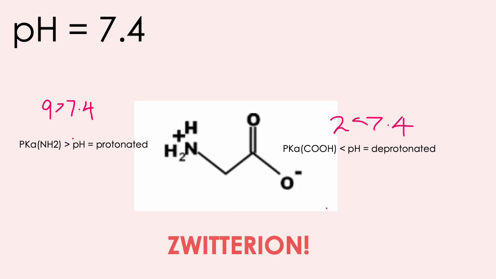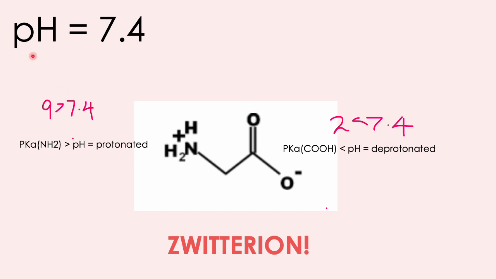Now let's look at another situation at physiological pH, which is about 7.4. In this case, the pH is greater than the pKa of our carboxyl group, and this is going to mean that our carboxyl group is deprotonated. So here we have a charge of -1 on this side. At the same time, the pH is less than the pKa of our amino group.